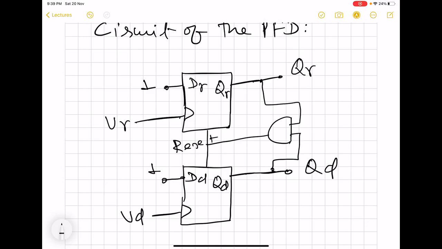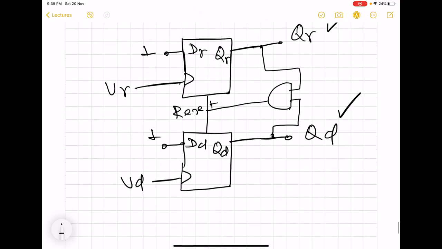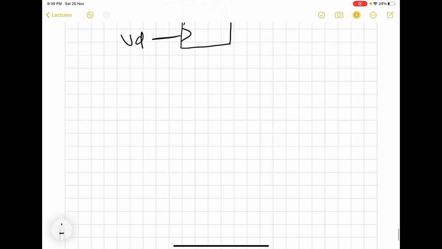Now we will see what the circuit is which is used to find the difference of these two, and then also find out the DC of the difference signal. There are two additional circuitry elements cascaded in front of this PFD to find the difference and ultimately a quantity proportional to DC.